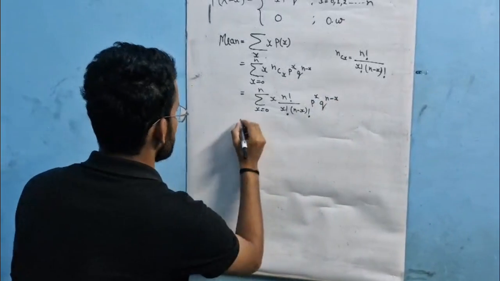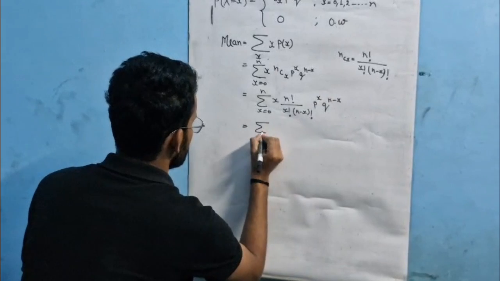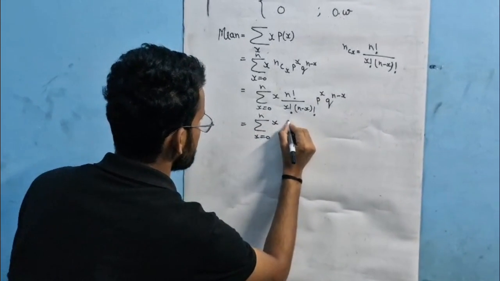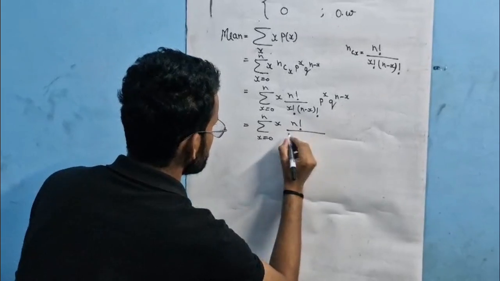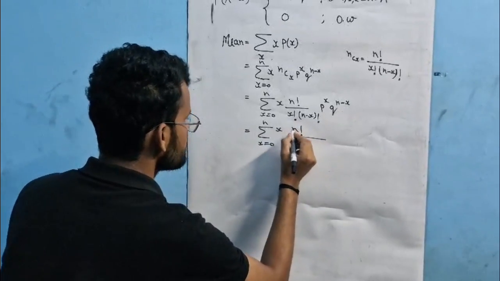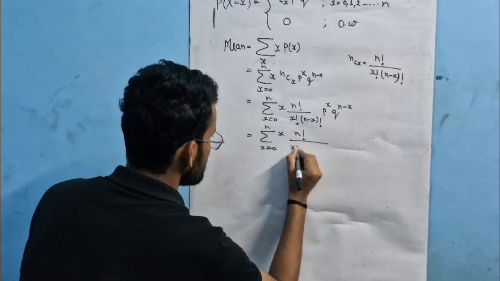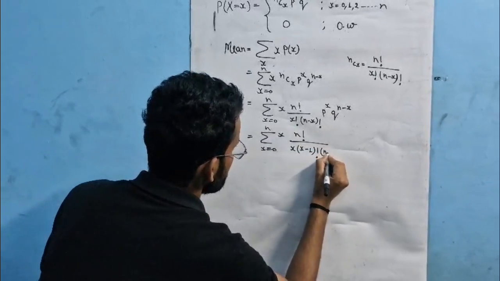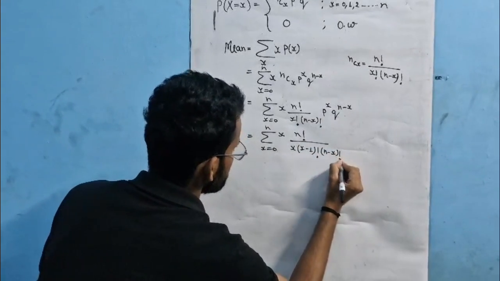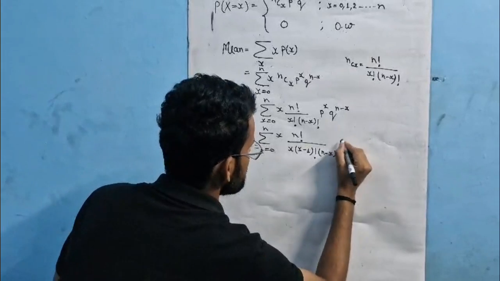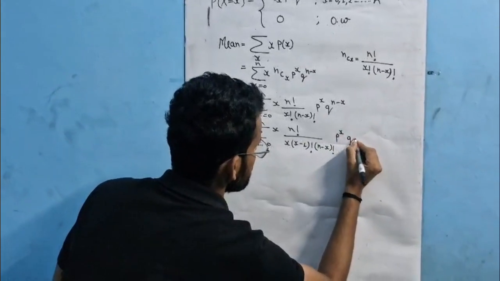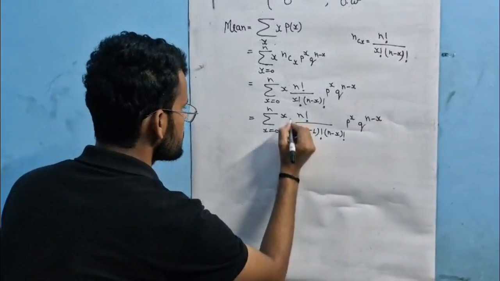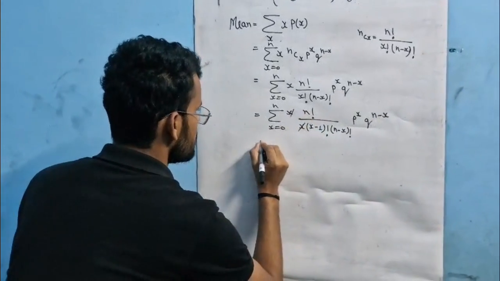Now expand x factorial as x into x minus 1 factorial. Here x and x cancel.